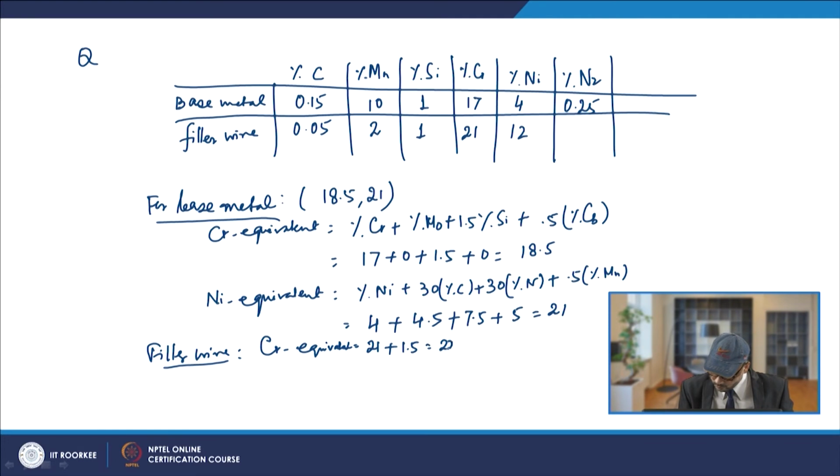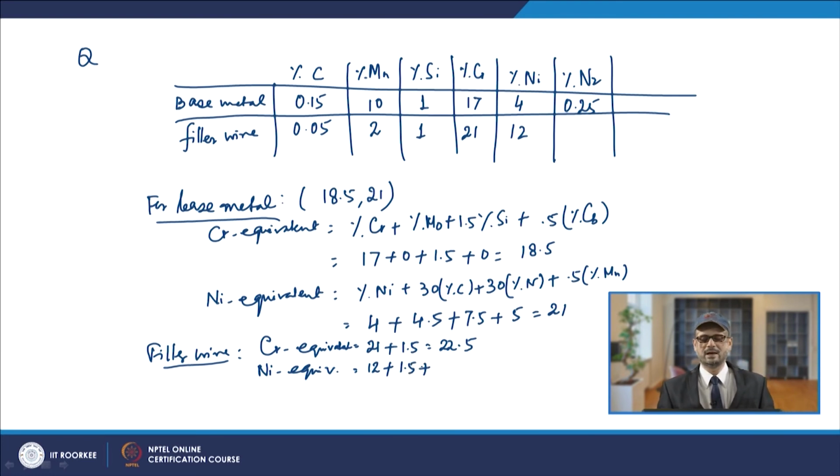So, it is 22.5. And if you calculate the nickel equivalent, it will be percentage nickel, in this case 12, and then you have 30 percentage carbon, carbon in this case is 0.05. So, 30 multiplied by 0.05 will be 1.5.